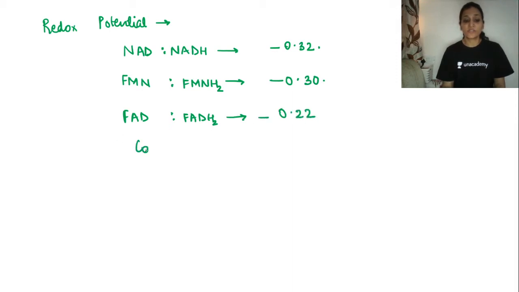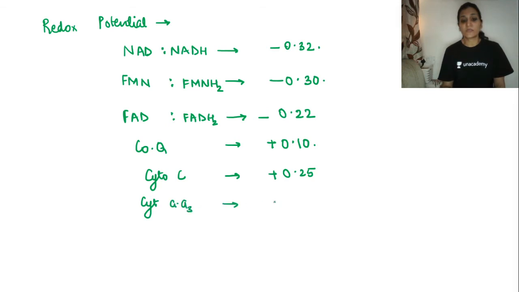The redox potential of CoQ, coenzyme Q, is plus 0.10. The redox potential of cytochrome C is plus 0.5. The redox potential of cytochrome AA3 is plus 0.9.